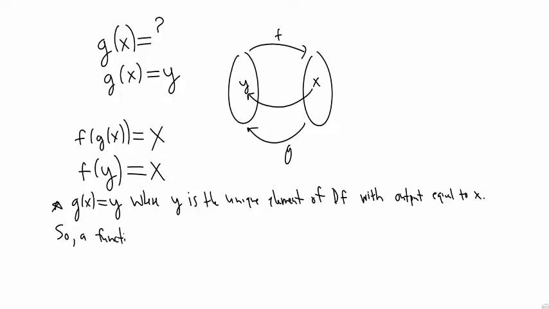So when a function has an inverse, the inverse is unique. In other words, it either has no inverse or exactly one inverse.